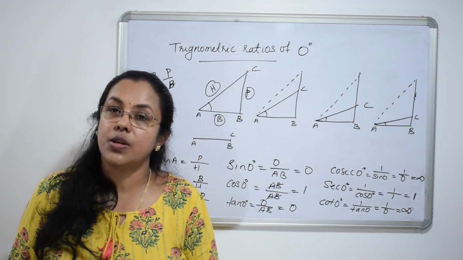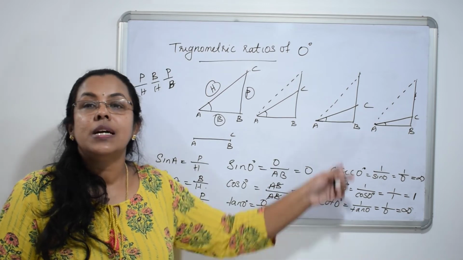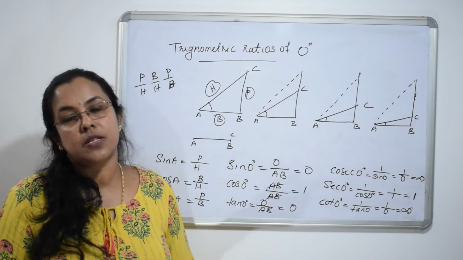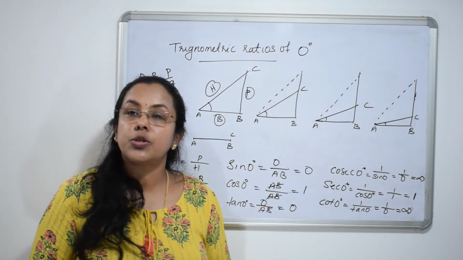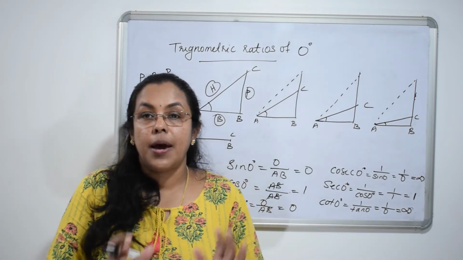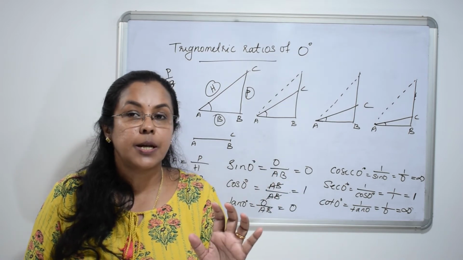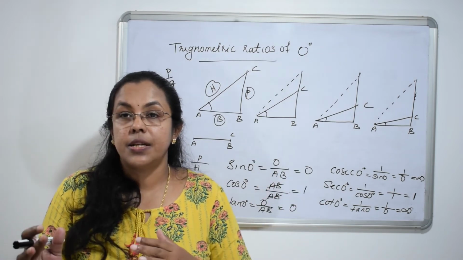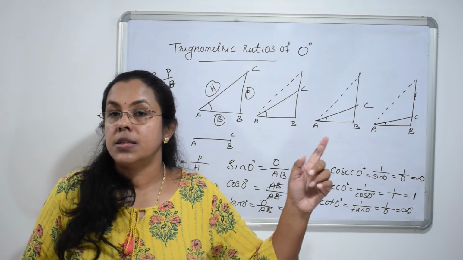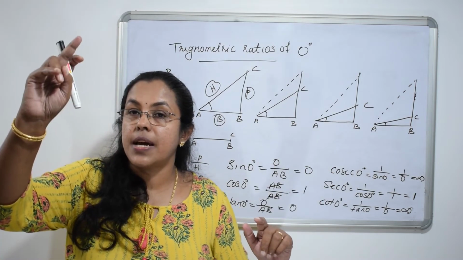Sin 0 is 0, cos 0 is 1, tan 0 is 0. It is enough to remember this much. Now I am going to explain 90 degree, and actually I am forming a pair here. I have already taught you 30 degree and 60 degree. It is related. If you remember, sin 30 is equal to cos 60 and cos 30 is equal to sin 60.